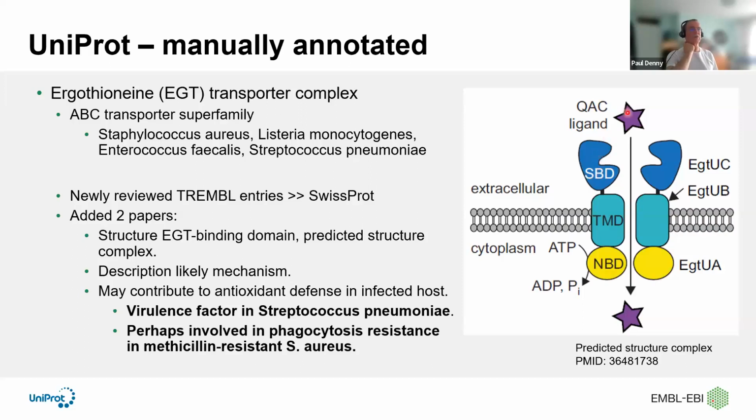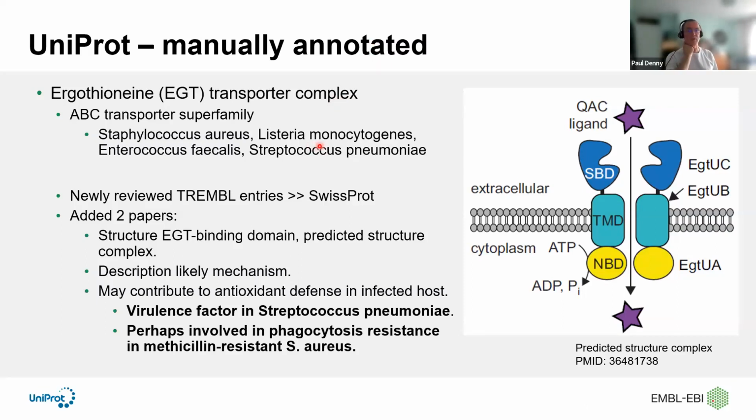And one of these binds to the ligand, which is labeled here as QAC because it's a quaternary ammonium compound, but its proper name is ergothioneine. And it's something which many bacteria can't synthesize, hence they need to obtain it from the environment.